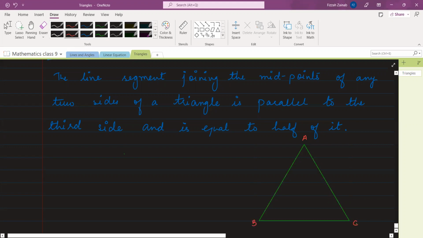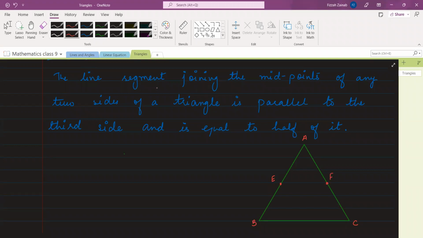Now read the line. So the line segment joining the midpoints of any two sides of a triangle. So you choose any two sides. Let me choose AB and AC and mark the midpoint. So let's say E is the midpoint of AB and F is the midpoint of AC, right?